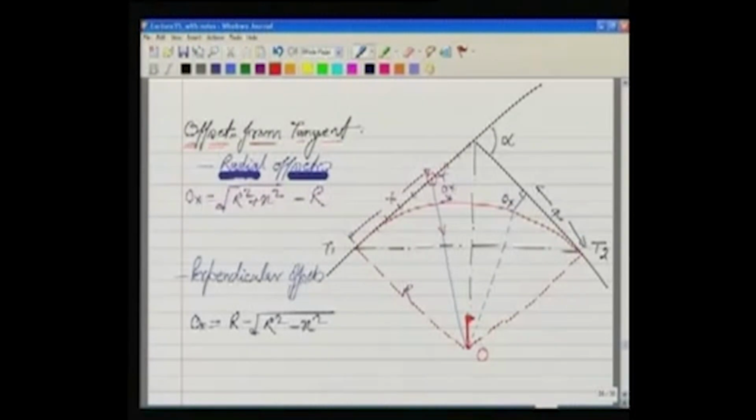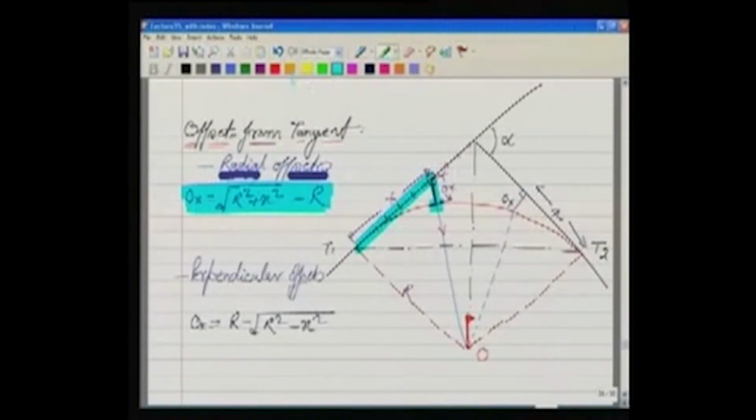So I have got a direction now. Along this direction, I measure a distance equal to OX at a distance of X. This is X. At a distance of X, we measure a distance OX and this point will be on the curve. This OX is such that we can compute it. It ensures that the point is on the curve.